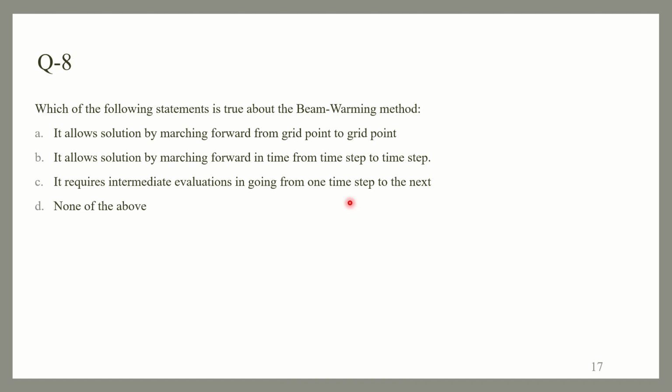So we know that the Beam Warming scheme is an implicit method. On that basis, we have previously seen that we would be solving it simultaneously.